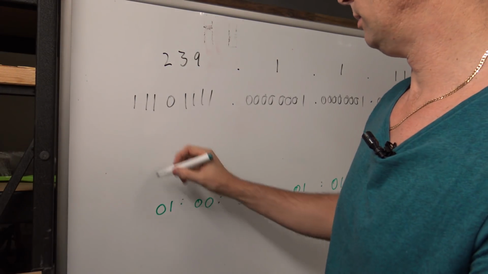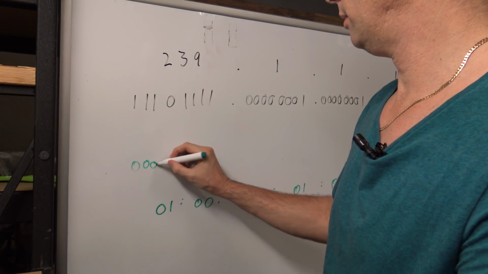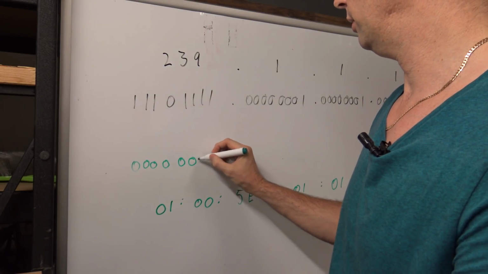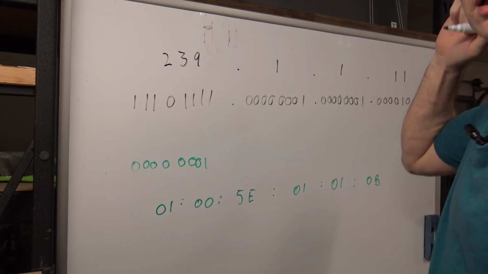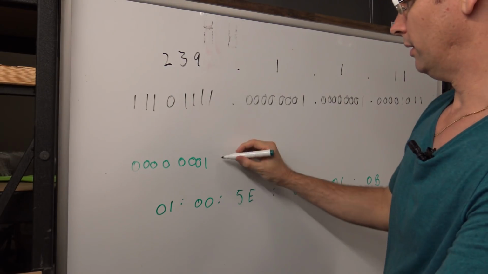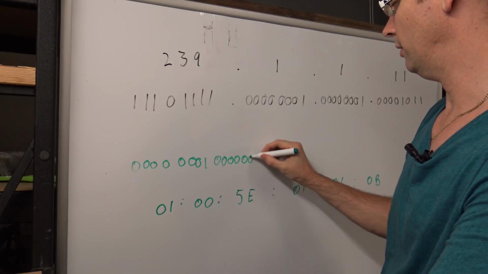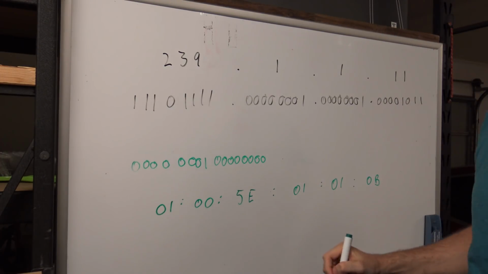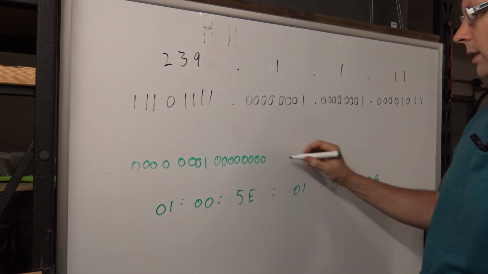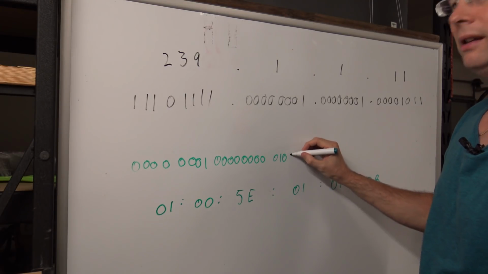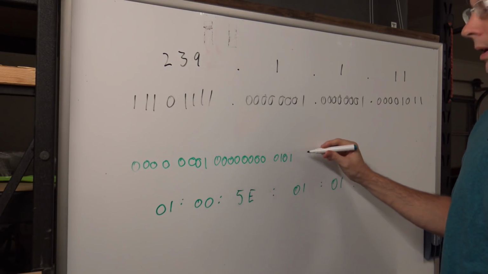So that's 01 is 00000001. All the zeros are 00000000. 5E is 01011110.